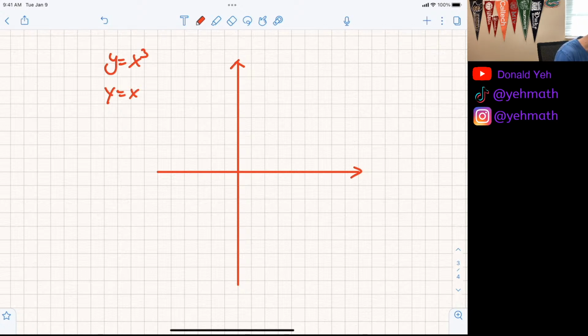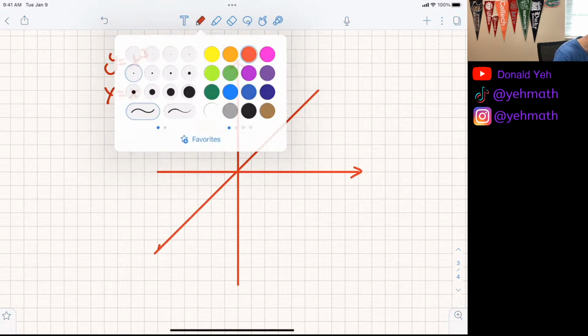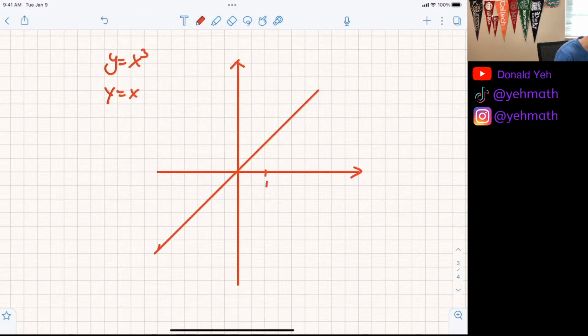So y equal to x is going to look like this. We'll say this is 1 and this is -1. The x cubed graph is going to look like this.